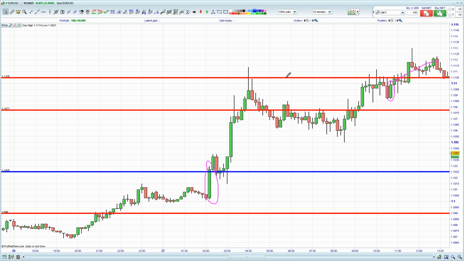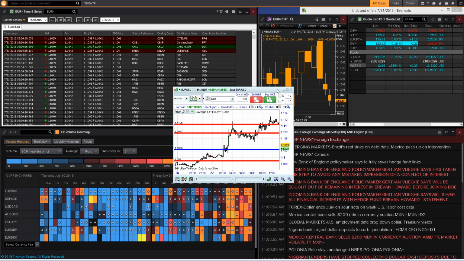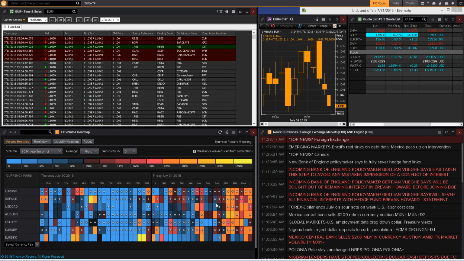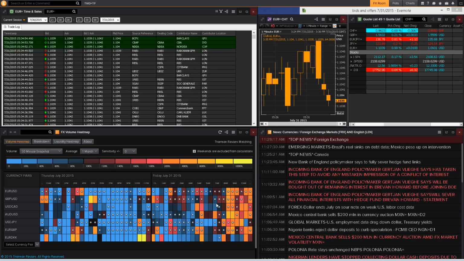So I usually look at this implied volatility on the Reuters platform, thinking of saving the data in a database so I can have my own heat map, with all the price levels that have been executed. So the next day I can treat them as support and resistance.